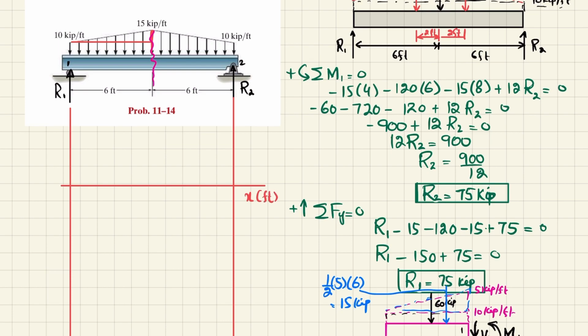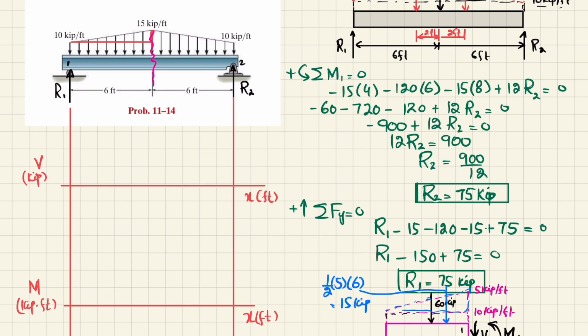You will have shear force. Here you will draw the bending moment, X in feet. You will have moment, which will be kips into feet. Here the unit of shear force is kip.